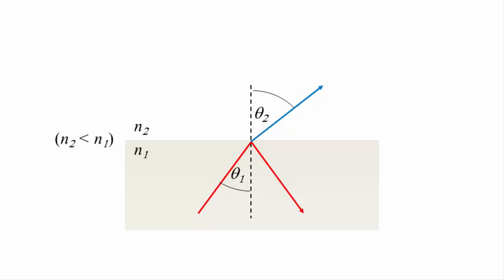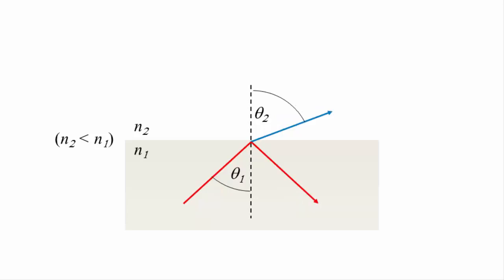Consider a light ray that passes from a medium of a high index n1 to a medium of a low index n2 at an incident angle theta 1. Some of the light is reflected and some is transmitted. The transmitted light is refracted away from the normal at an angle theta 2 that is determined by Snell's law.